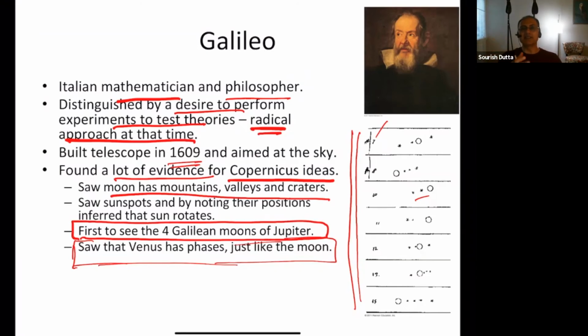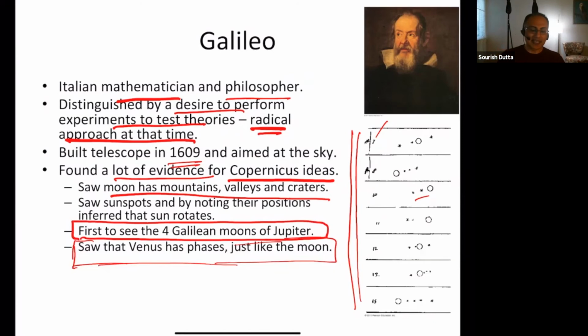Actually, I believe it was suggested to him by a friend saying that if the geocentric model is true, then Venus will never have phases. And so he said, okay, I'll go ahead and check if Venus has phases or not. And he found that it does have phases.